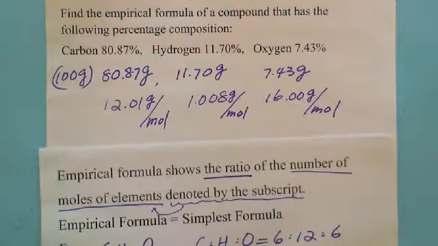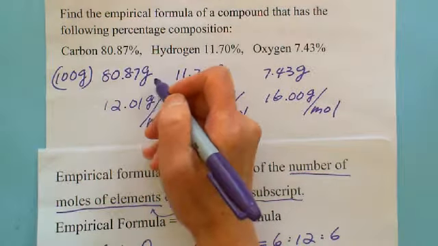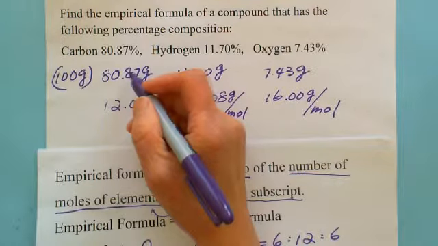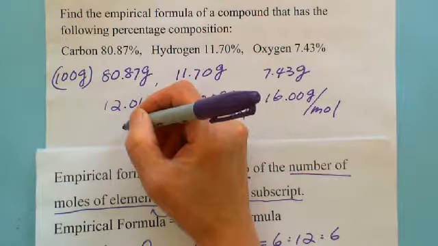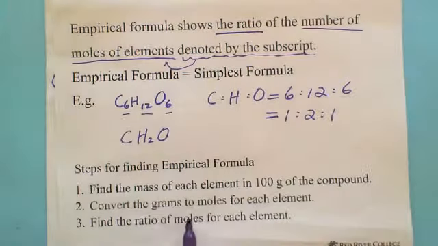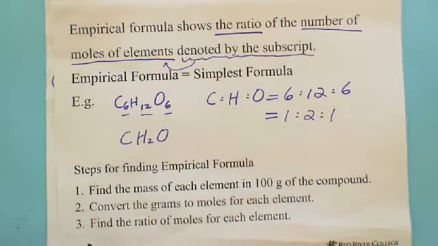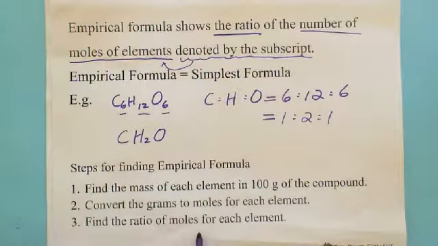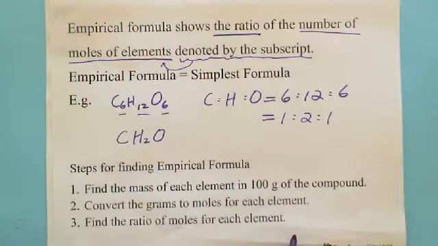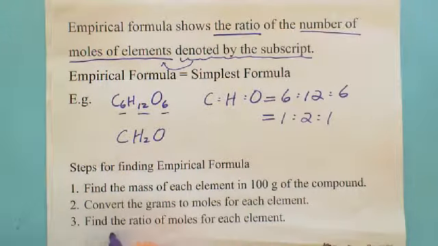And we can find how many moles are in 80.87 grams of carbon. That's why this second step is to convert the grams to moles for each element. Then we can find the ratio of moles for each element, and later on, we can find the empirical formula.